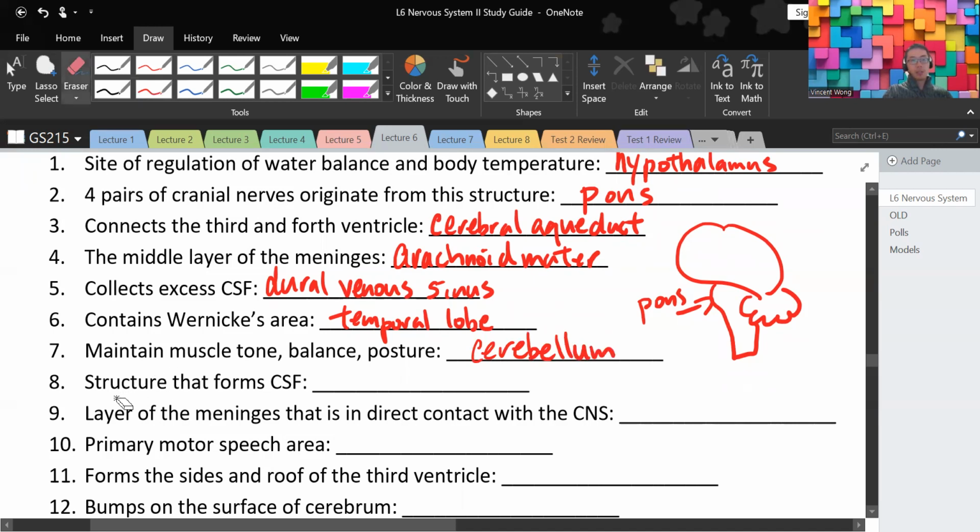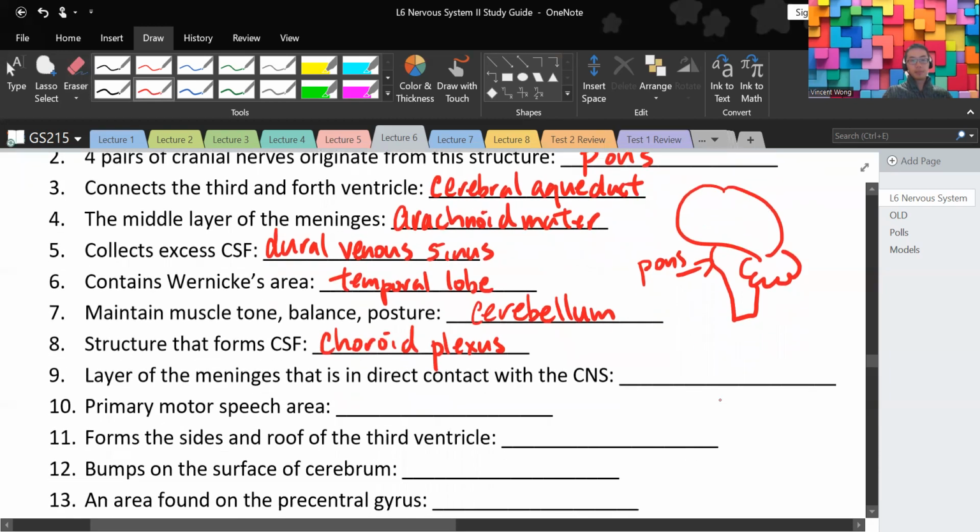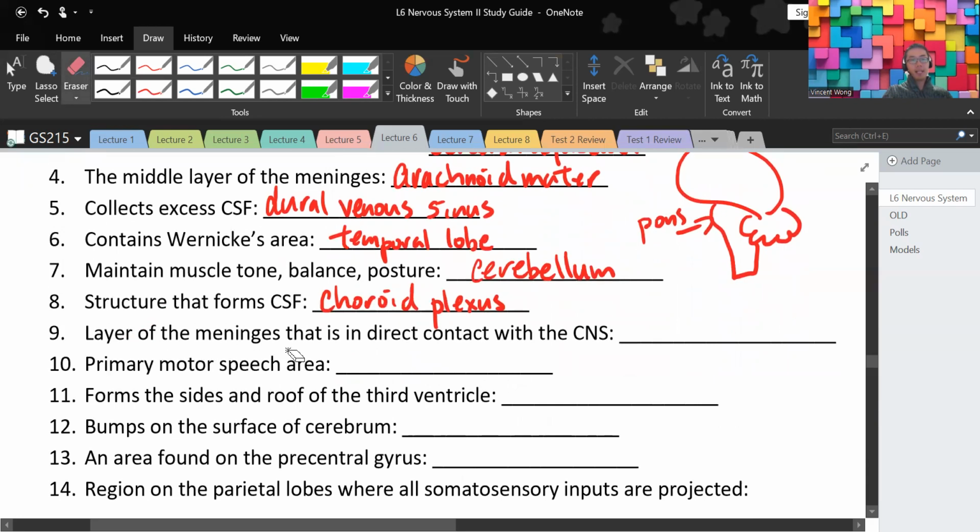Structure that forms CSF. That is the choroid plexus located at the walls of the ventricles. Layer of the meninges that is in direct contact with the central nervous system. That would be the pia mater.